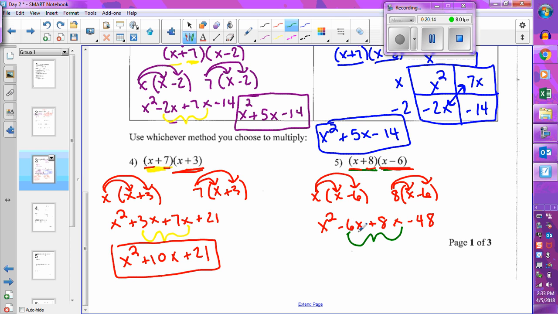I can combine my negative 6x and my positive 8x. So if I write my final answer in expanded form, that is going to give me x squared plus 2x minus 48. And this is my final answer.